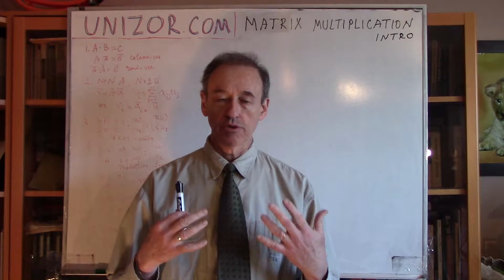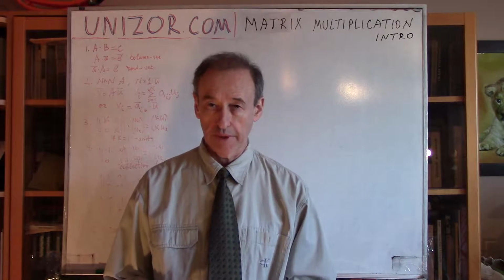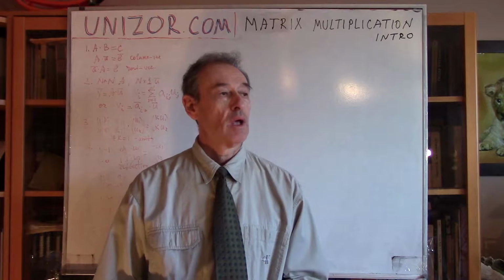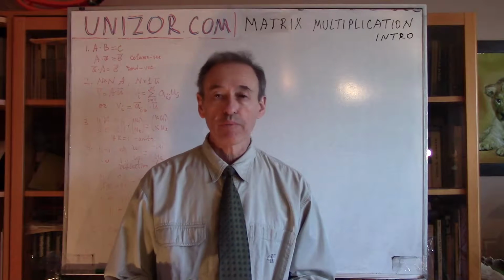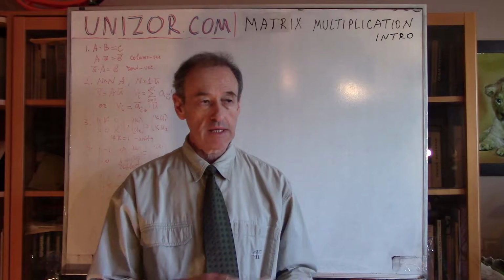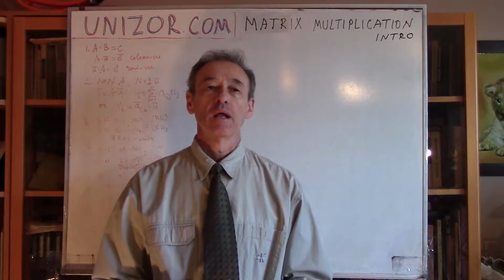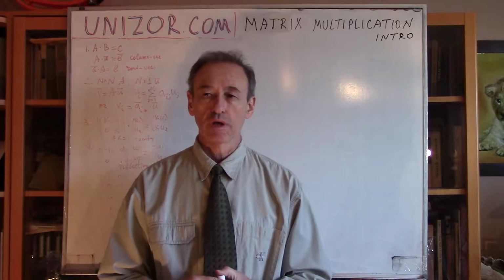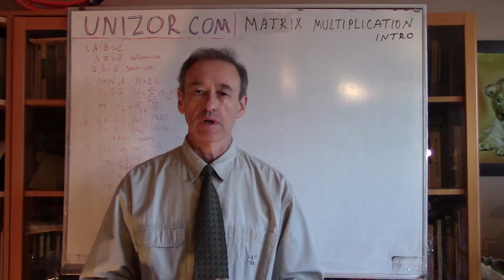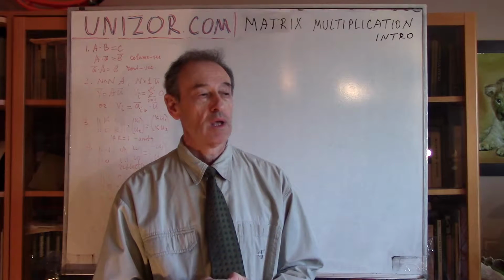I would like to introduce the operation of multiplication of matrices. Well, this operation is probably the most important operation on matrices. Yes, we were talking about addition of matrices and multiplication by a scalar, but this is actually where the whole theory is really flourishing, with multiplication.